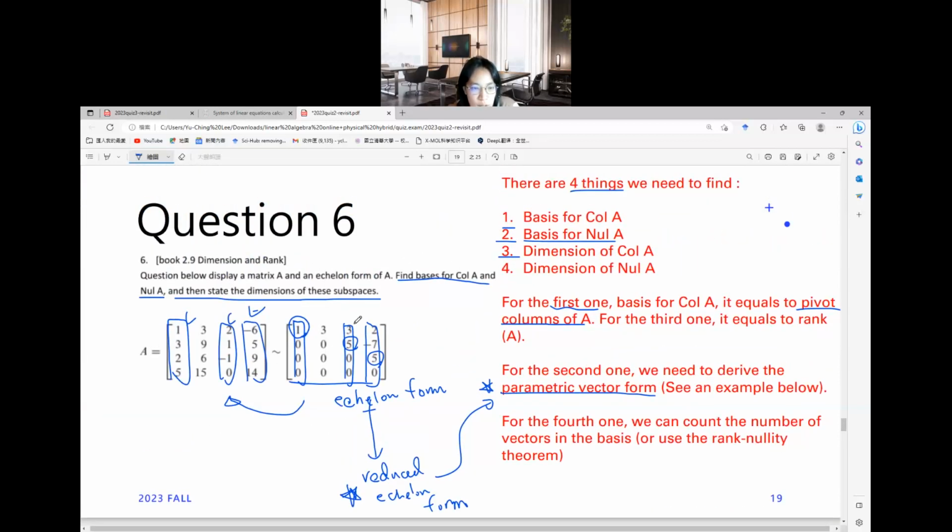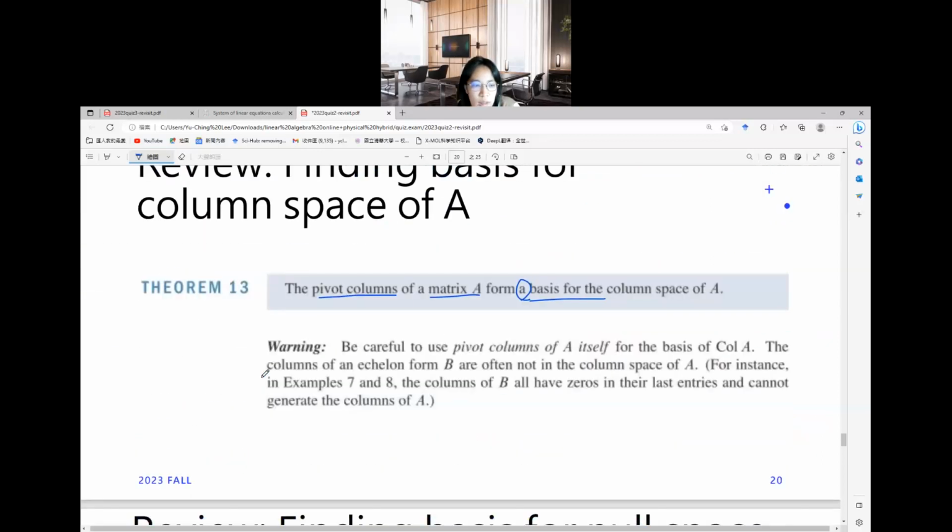We identified that the pivot positions are in the first column, third column, fourth column, but we cannot pick those columns in the echelon form. We need to go back to the original matrix and pick the first column, third column, fourth column of the original matrix. So that's what this warning is about.